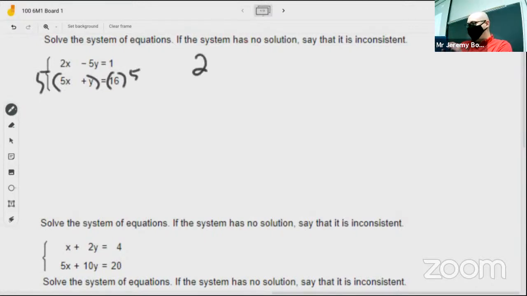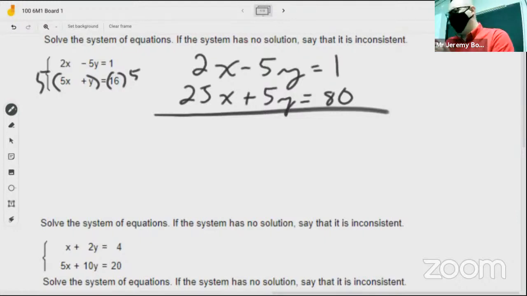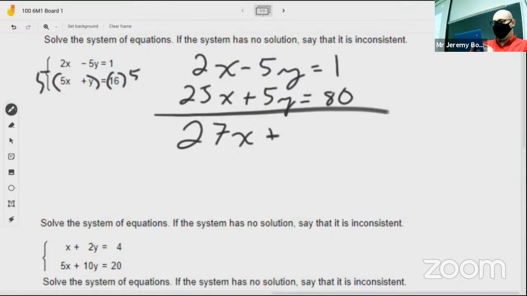And so we'll have 2x minus 5y equals 1, and 25x plus 5y equals, what's that, 80? And so you're trying to get rid of the y, you're trying to eliminate the y. And so we'll have 27x plus 0y equal to 80. And so 27x equal to 80.